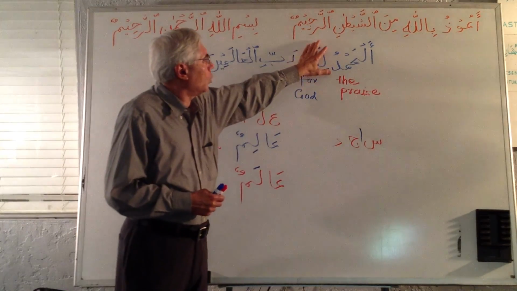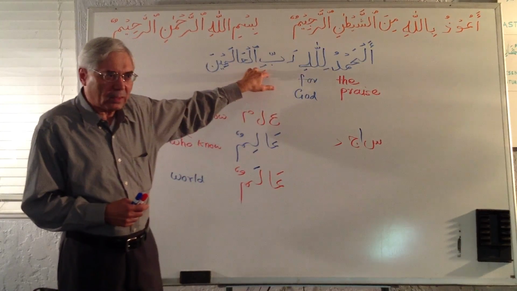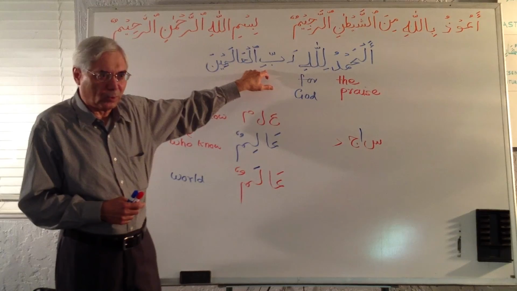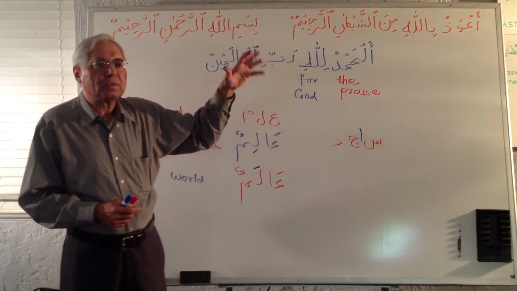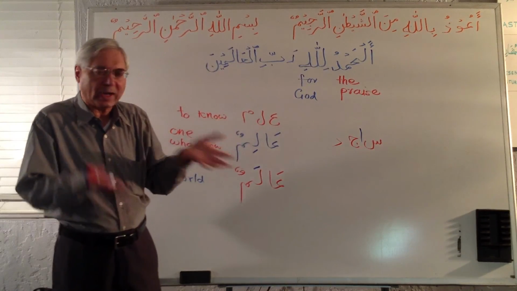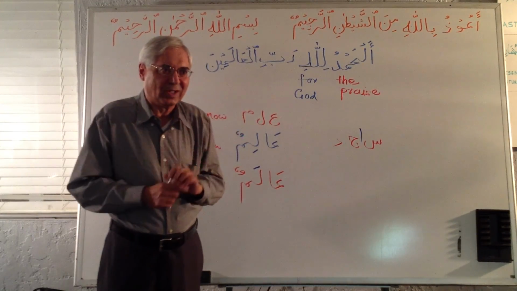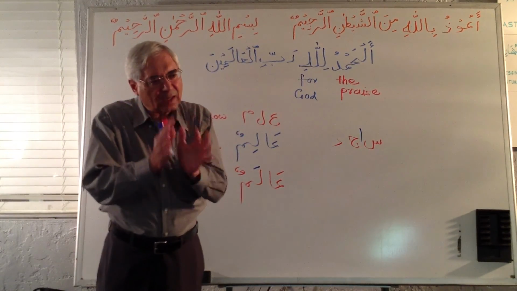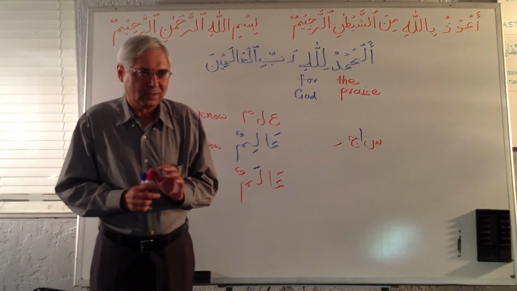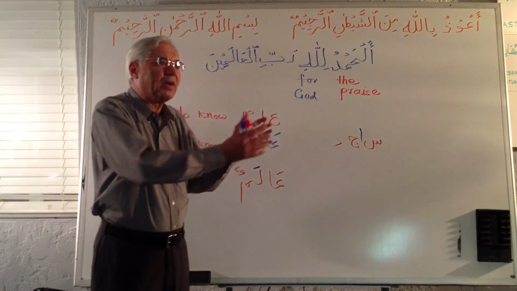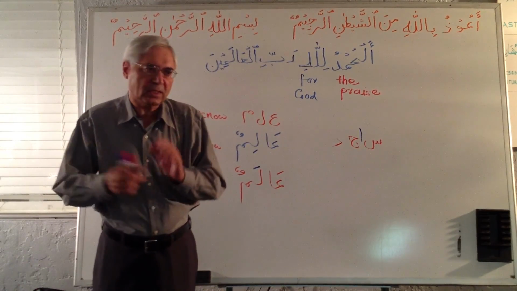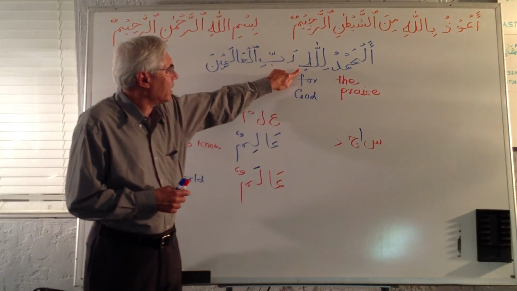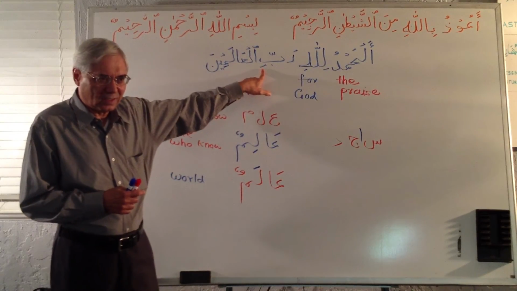If this Allahu was not there, then this would remain with a pesh, Rabbu, because it's called sifat, adjective. So the adjective has to follow the sound. And as I said, the last letter is so important that it has an effect on the previous or the next word. In this case, this last letter is hitting the next word.